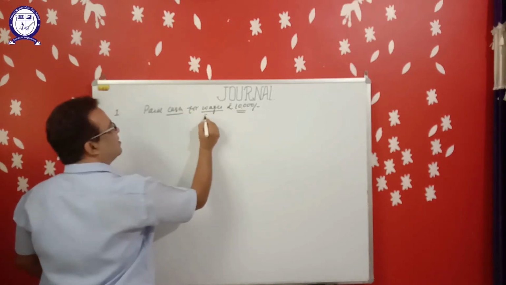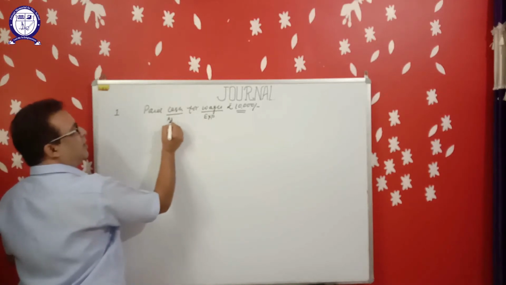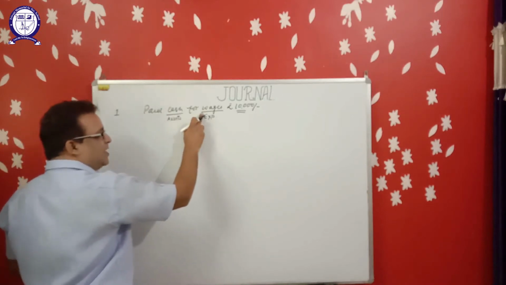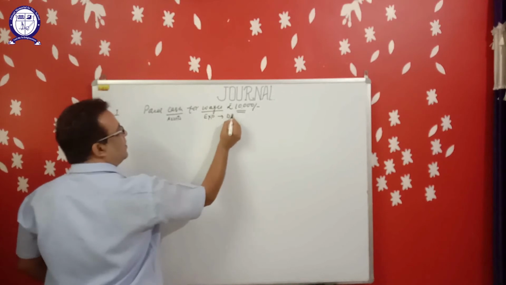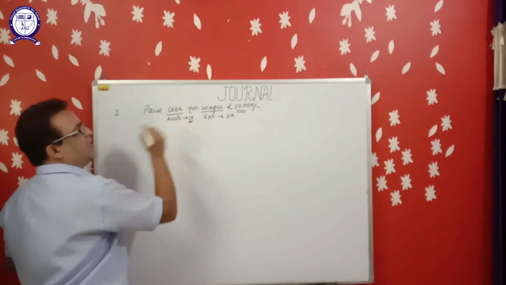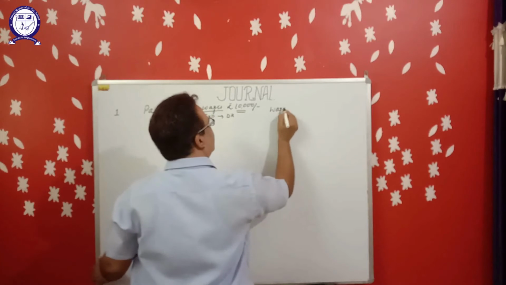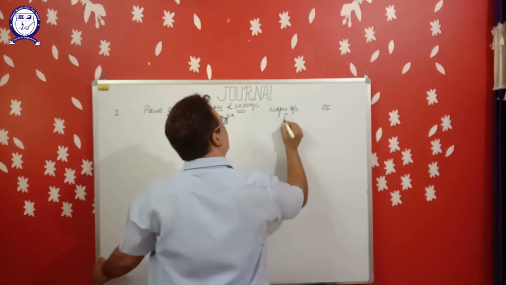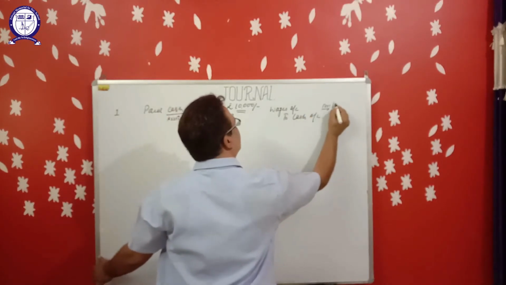Number one, wages, it is an expense. Number two, cash, it is an asset. Expense is increasing now, that's why this account will be debited, and cash is decreasing, that's why this account will be credited. So the journal entry will be wages account debit to cash account, rupees 10,000.